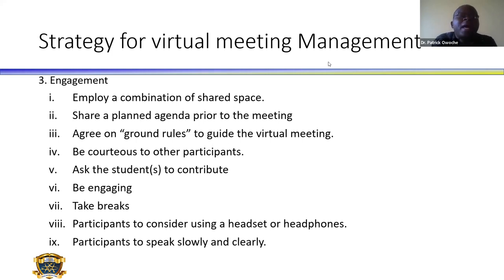The next one, agree on ground rules to guide the virtual meeting. Again, just like a physical meeting, there are ground rules which are agreed upon between the supervisor and the supervisees. There are ways of setting them up. It can come from them, or the supervisor can have them, depending on the approach.